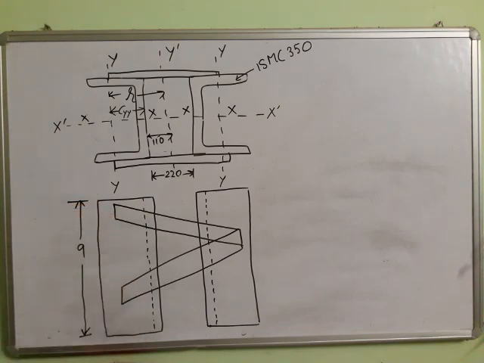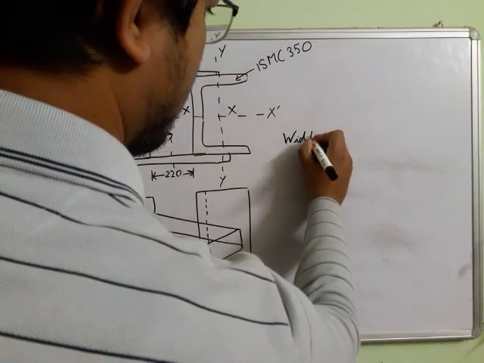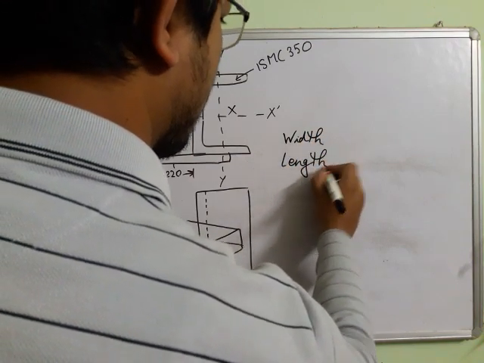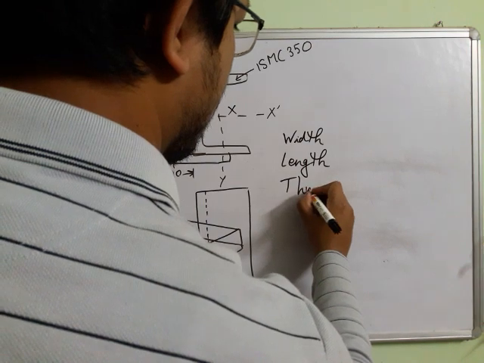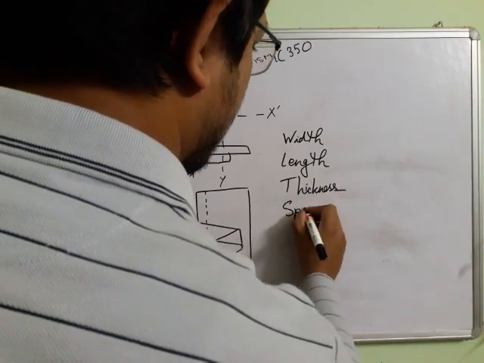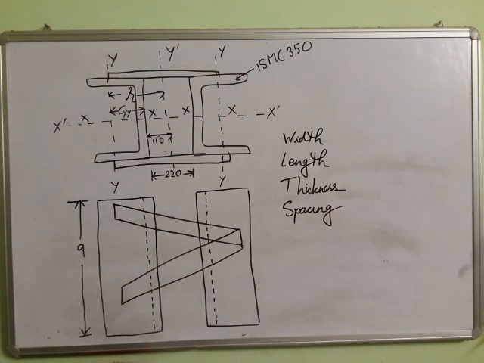All right, so the things that are important here are width, length, thickness, spacing of the lacings.